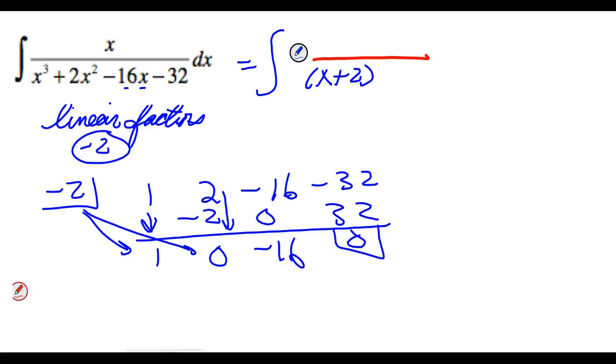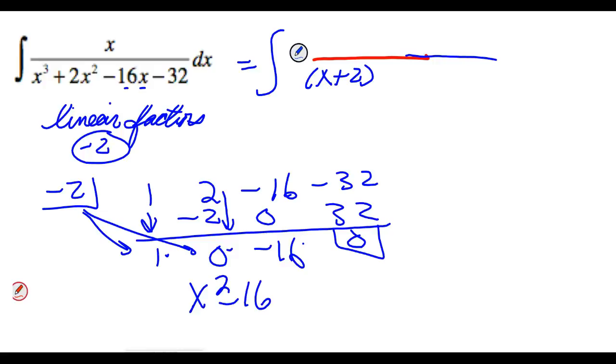What's left will have knocked it down a degree to a quadratic. So this is x squared, x, constant. Do you remember that? So this is ax squared plus bx plus c. So what is your resulting quadratic? X squared minus 16 is what you would have gotten.